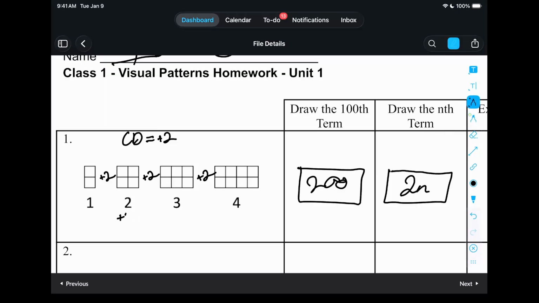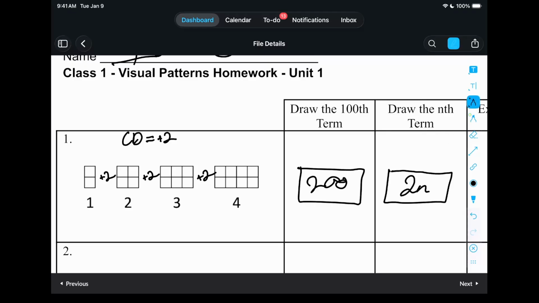So 2 doubled equals 4, and there's 4 boxes. Double the figure number, and there's 6 boxes. So if we don't know the figure number, if it's n and we do n plus n, it's going to be 2n. Or n times 2 is the same as 2n.